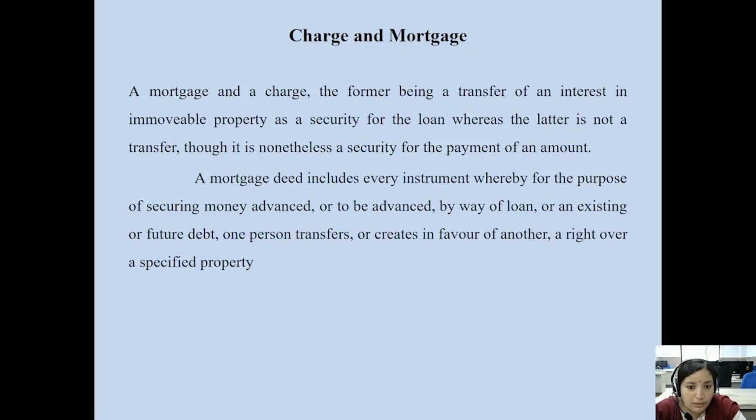So a mortgage deed includes every instrument used for the purpose of securing money advanced or to be advanced, either by way of loan or an existing or future debt, where one person transfers or creates in favor of another a right over a specified property. This is about the difference between charge and mortgage.